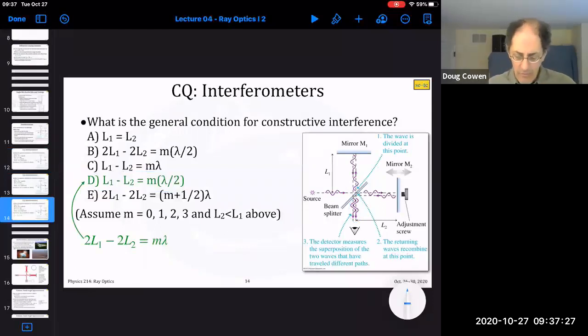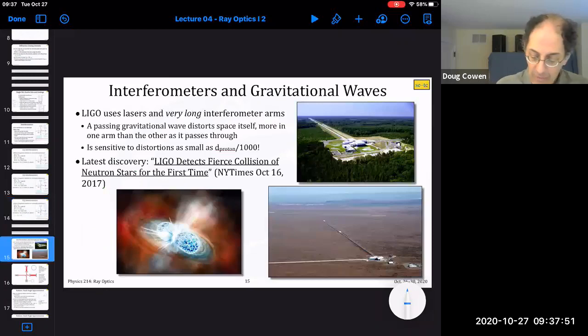Okay, so this kind of device can be used to measure very small distances. And in fact, I was just poking around a little bit on the web and I saw that you can buy for an undergraduate laboratory a device like this that can measure picometers. So that's 10 to the minus 12 meters, which is a very, very small distance.